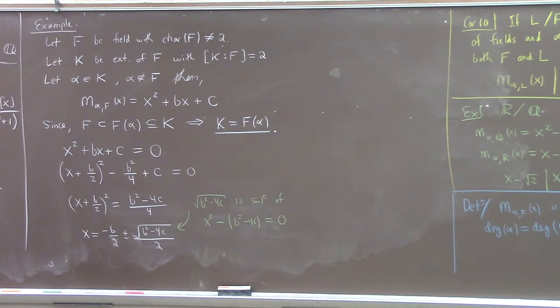We need to know that the square root of b squared minus 4c, let me say it this way.